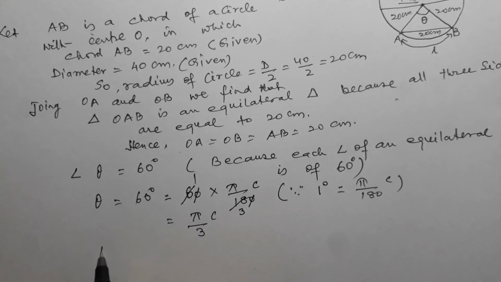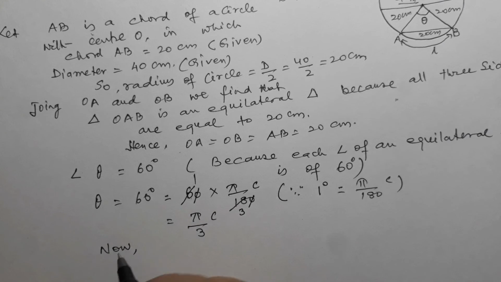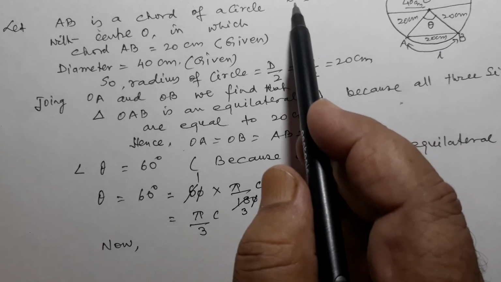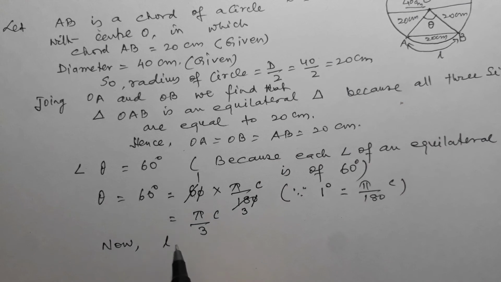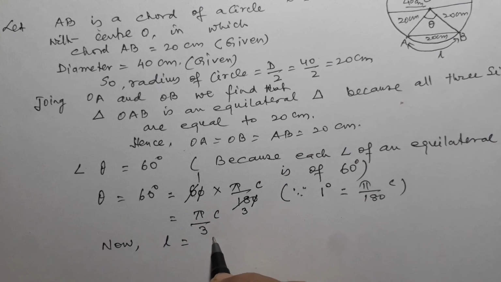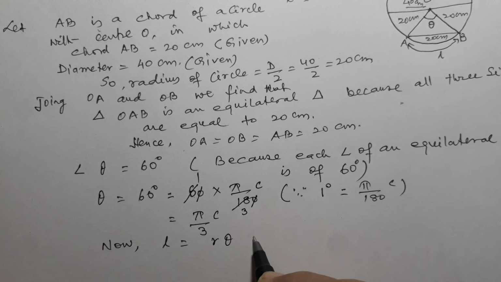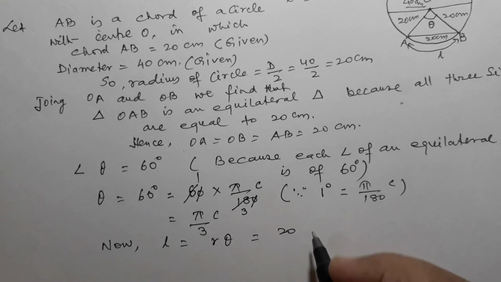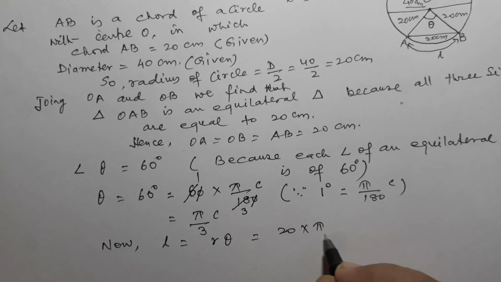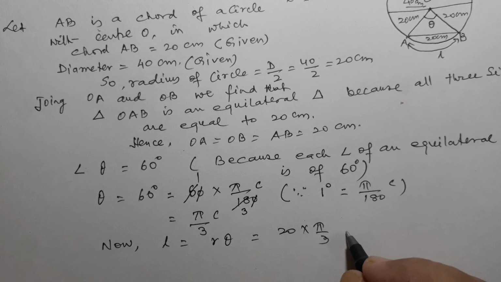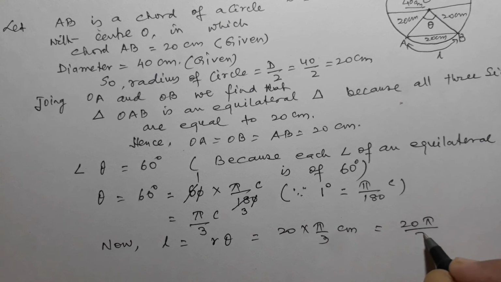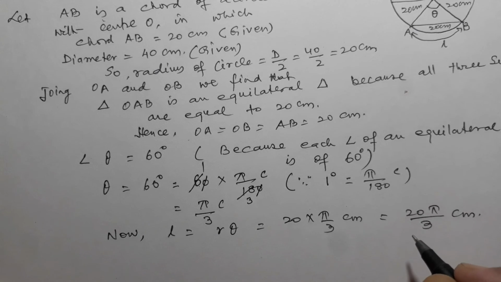Now this length of minor arc L is equal to radius into theta. So radius is equal to 20 and theta is equal to pi by 3. So 20 into pi by 3 centimeter is equal to 20 pi by 3 centimeter, right?